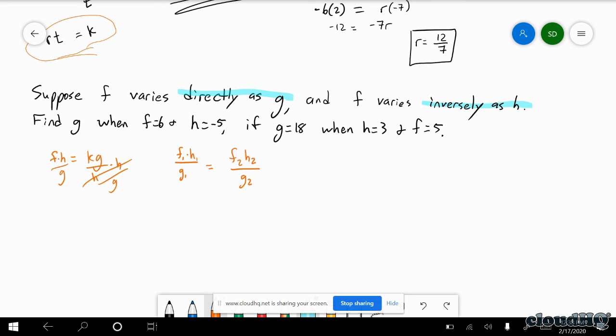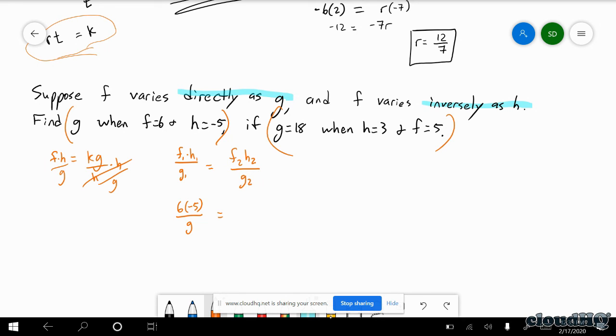Okay, and plug in your numbers. We don't know what g is, but we do know those two things. And then we have a full set of data.